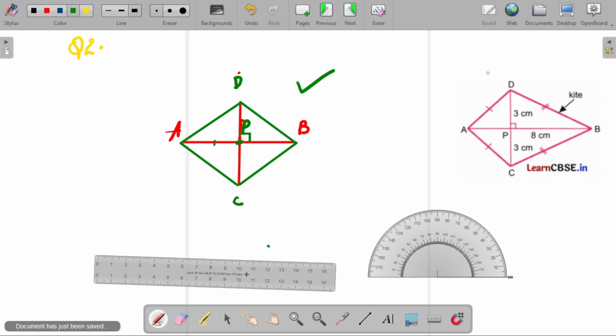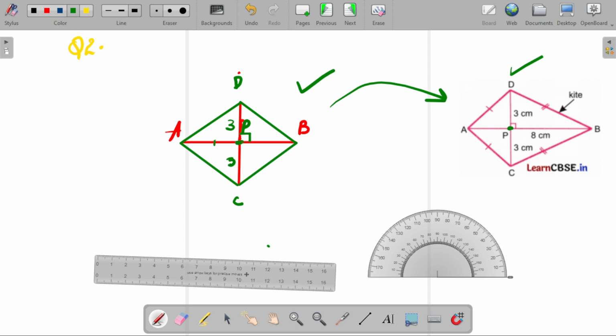This is also correct, this is also correct. It is not mandatory to take it at the middle. But yes, there is one provision that the line CE will be bisected by line AB. This thing should be in your mind. This should be 3, 3.